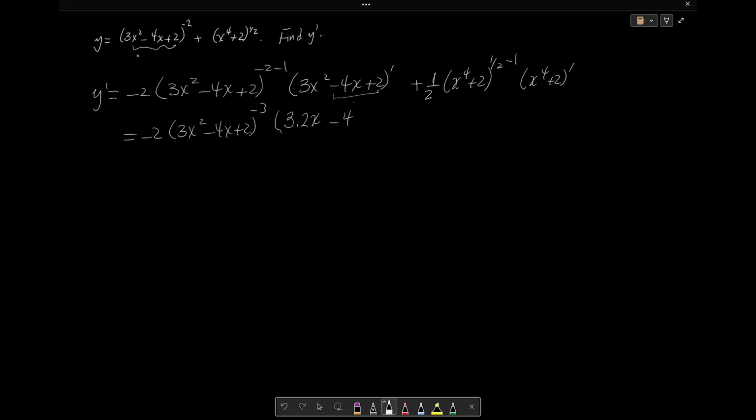Its derivative is negative 4. Plus 1/2 x to the 4 plus 2 to the negative 1/2, since 1/2 minus 1 is negative 1/2. Now, what's the derivative of x to the 4 plus 2? The derivative of x to the 4 is 4x cubed, plus 2 is 0.